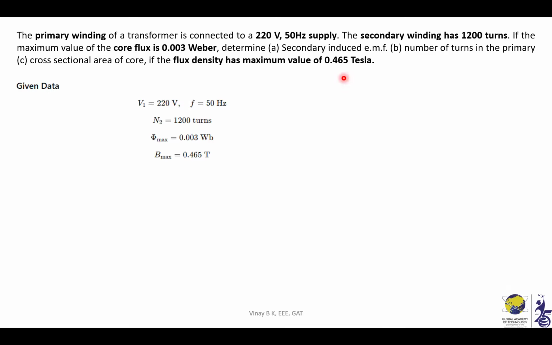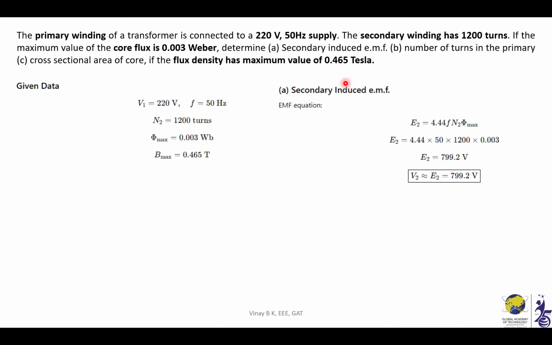You know the value of N2, frequency, phi m. So the direct formula, E2 is given by 4.44 f phi m into N2. So 4.44, frequency is 50, N2 is 1200, and phi m is 0.003. You'll get 799.2 volts.